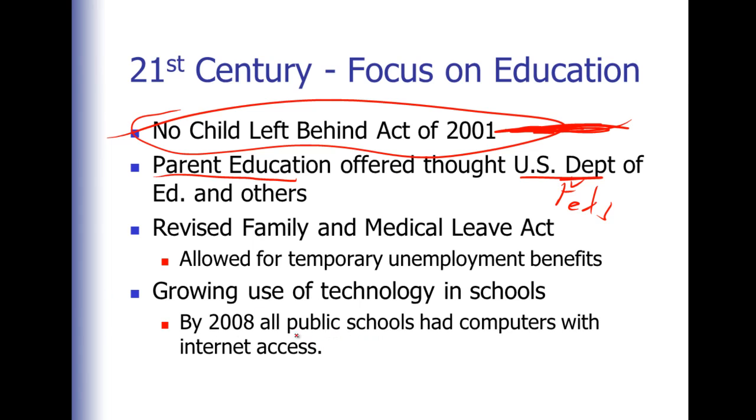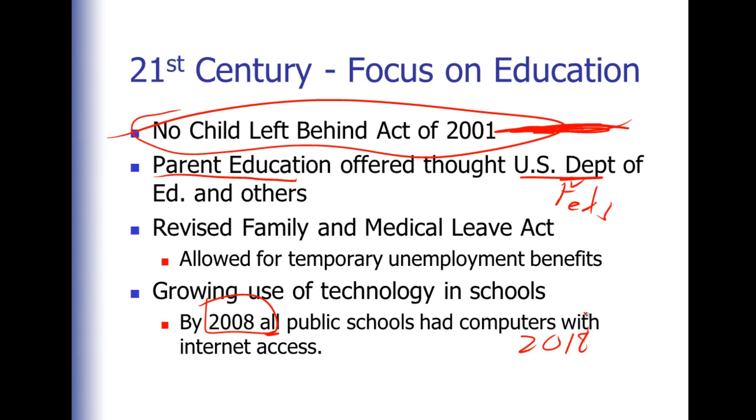By 2008, all computers with internet access. And like I said, this is 2008. They're quoting this. I'm going to say, look at the future. Let's get to 2018 and see how different technology looks. Okay, so those are the areas that we're going to look at here. Chapter 4.